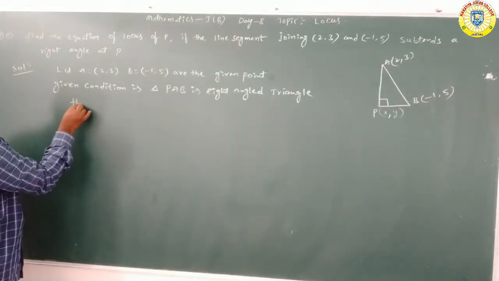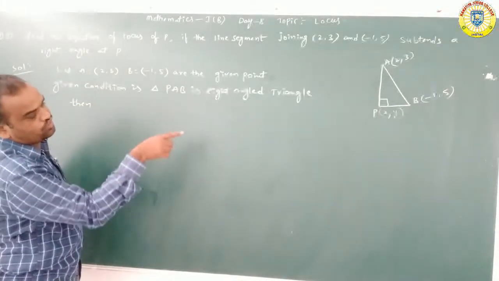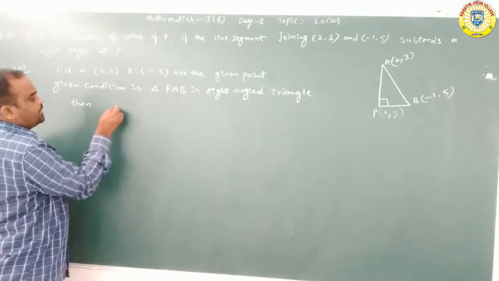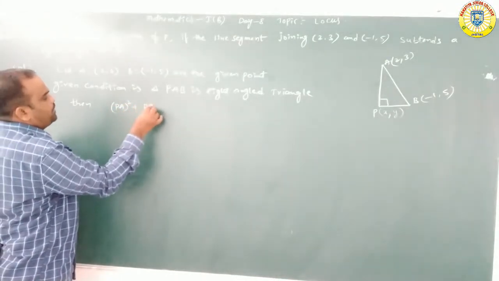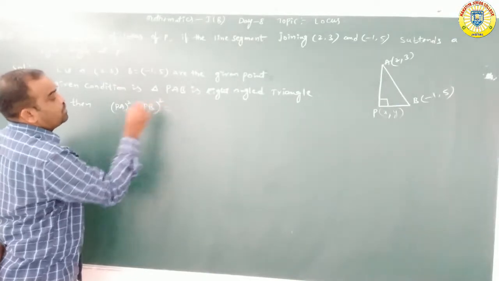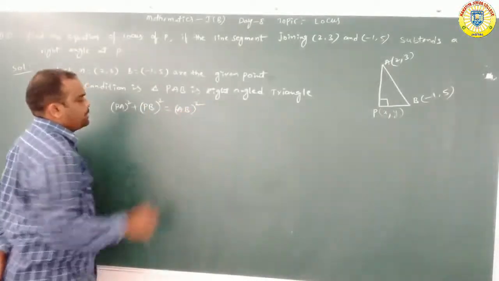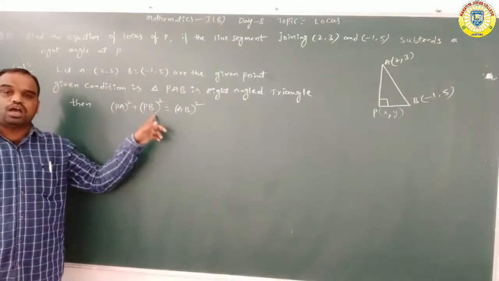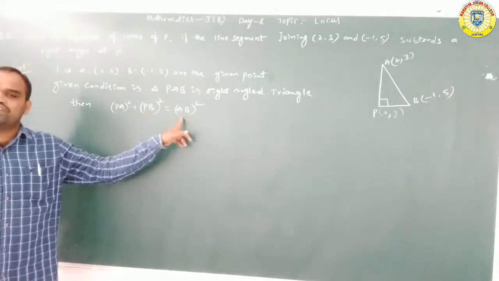Here the base is PA and the height is PB, so PA² + PB² equals AB². Base squared plus height squared is equal to hypotenuse squared. Always remember that.